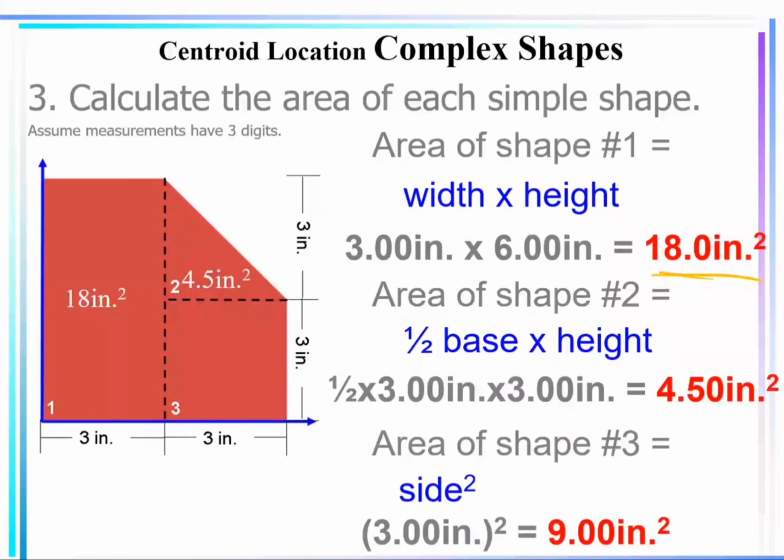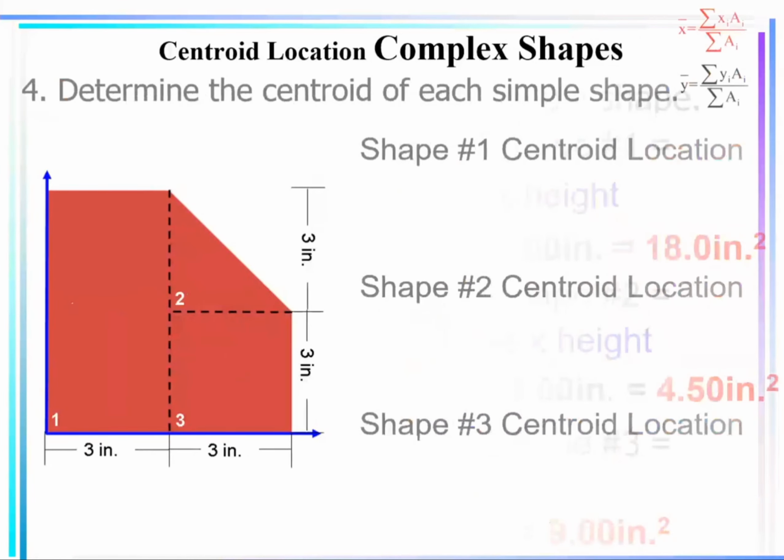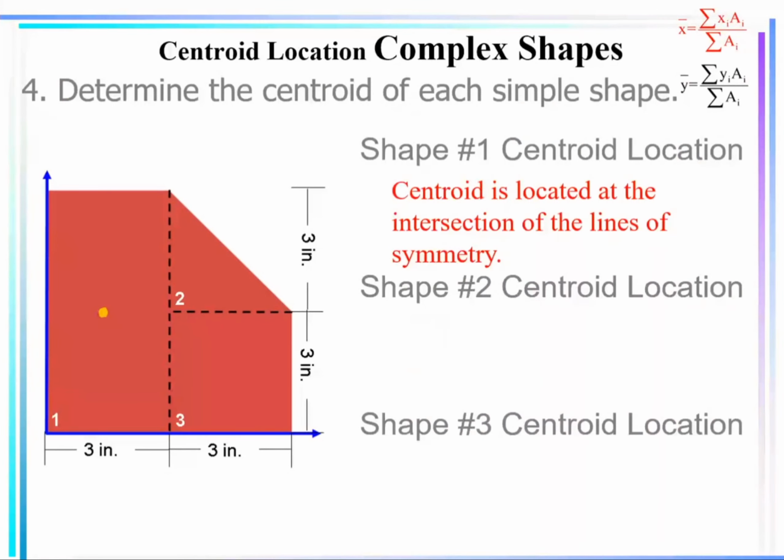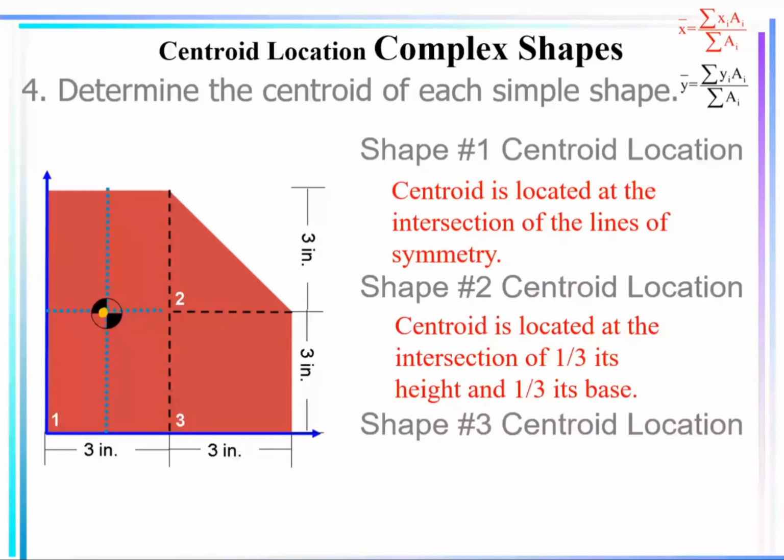Once you know this, the centroid of shape 1, we know it's half width, half height. The centroid for object 2 is 1/3. Remember, 1/3 height and base. And for the square, we know it's half width, half base.